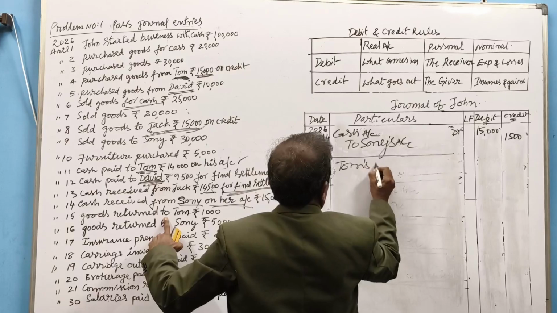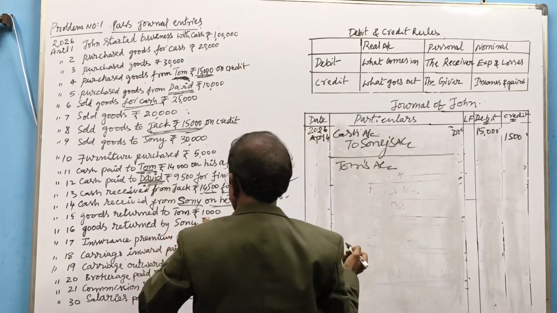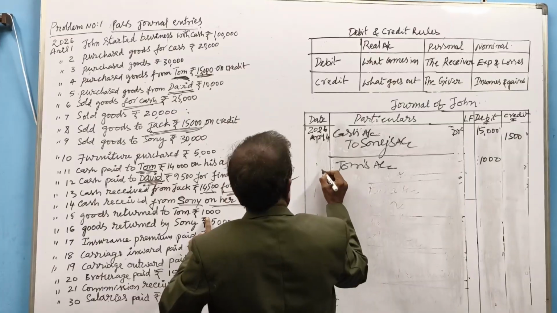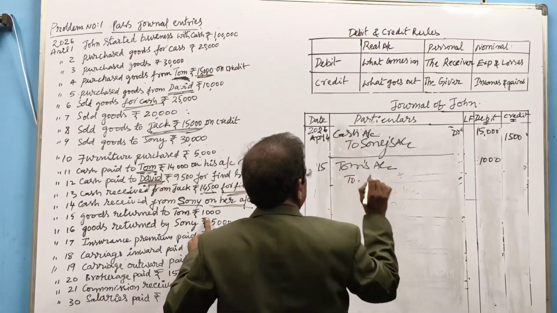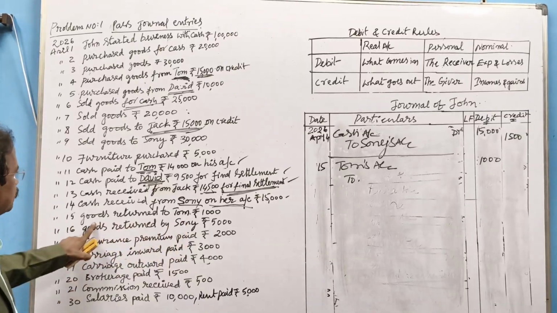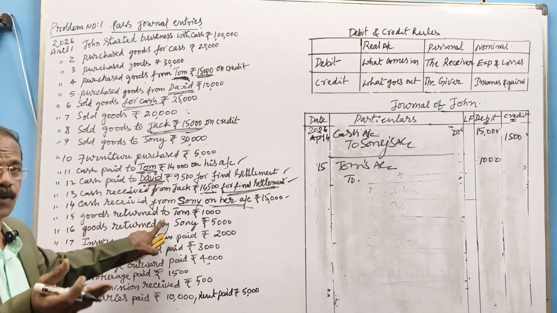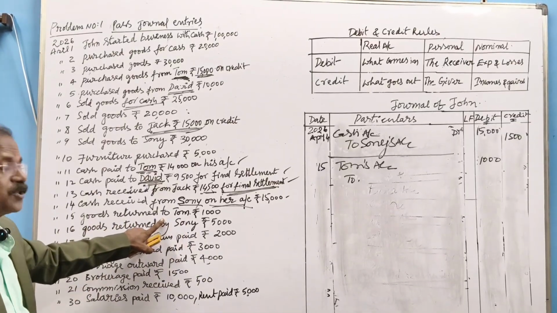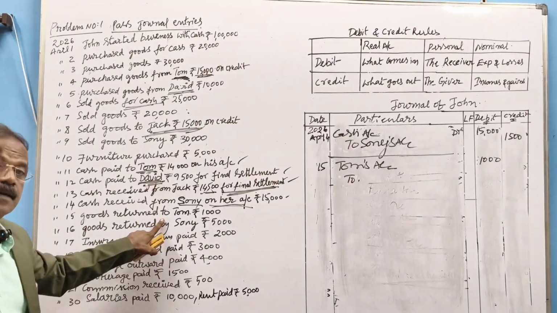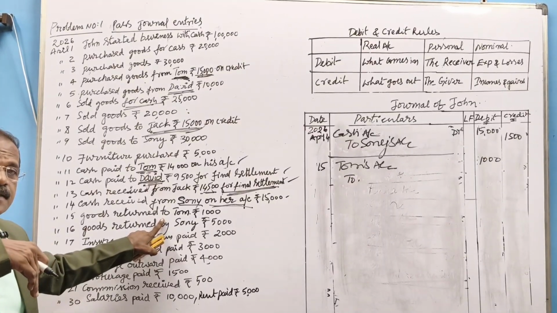Tom account debit 1,000. Date 15th. What is going out? Goods are going out. Which goods are going out? The goods which we purchased previously.